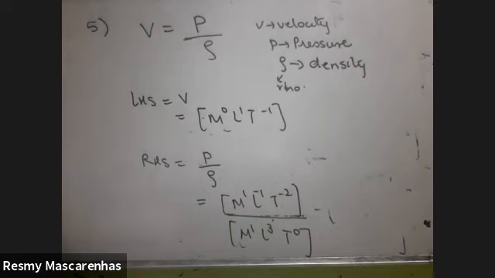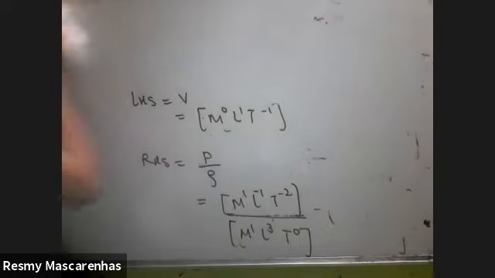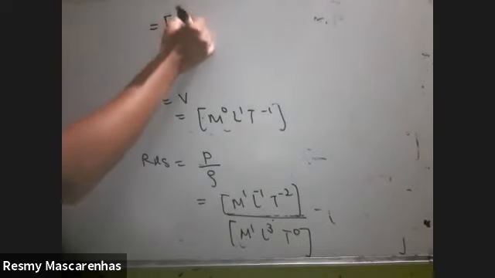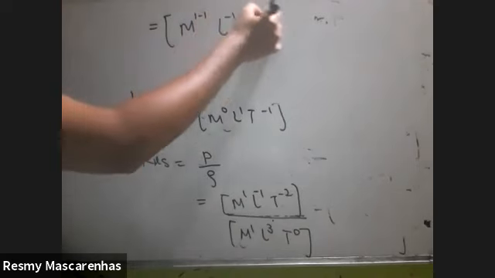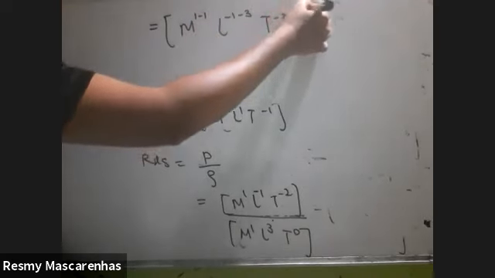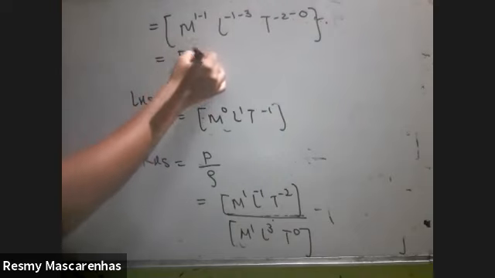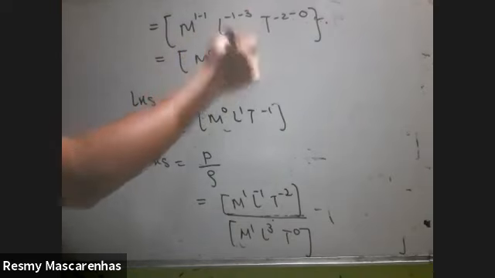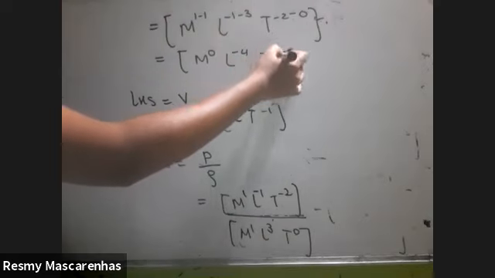Now calculate. Can anyone tell me what is the answer, whether it is correct or wrong? Not equal. Yes, it is not coming equal. Dimensions are not same. Because after taking this to the numerator, this will be 0, this will be minus 4, and this will be minus 2.